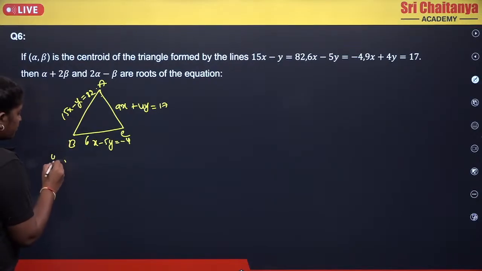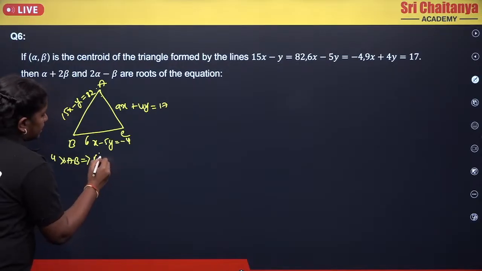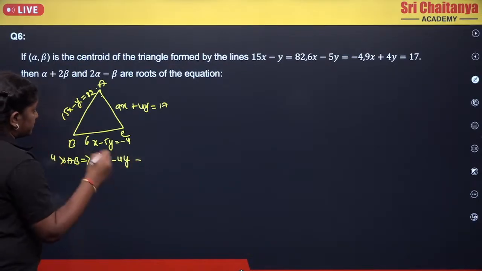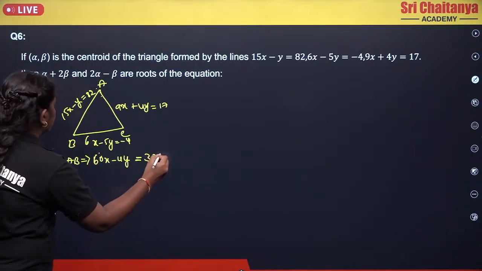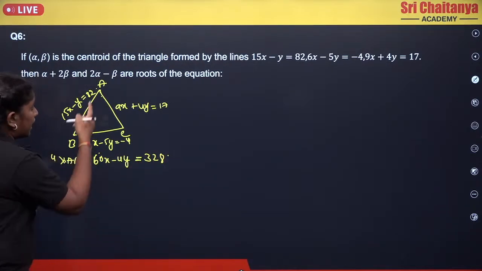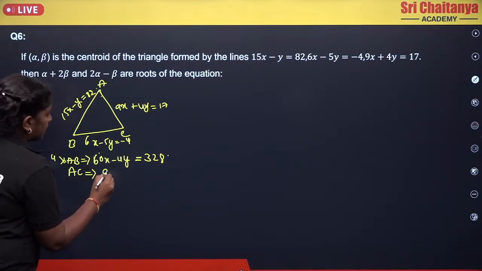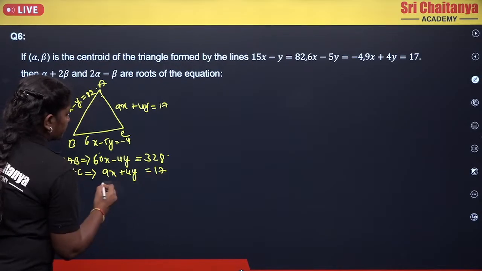So coming to here, 4 times your AB can be given as 60x minus 4y equals, 4 8s are 32 and 4 2s are 8, 328. And your AC can be written as 9x plus 4y equals 17.